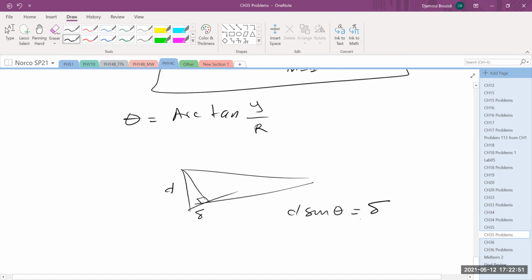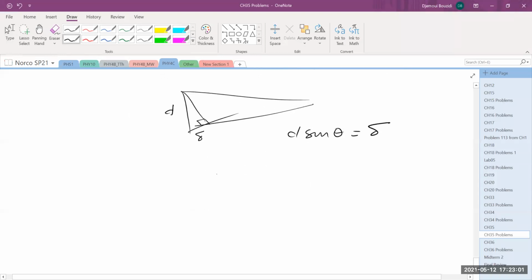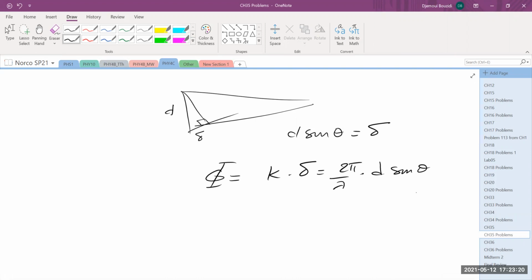Now the phase with which they will arrive is going to be k times this number. Remember the phase difference that we have found. In this case, phi is going to be k times delta, and k is 2 pi over lambda, times delta. And delta is just d sine theta. So this is the path difference, the angle in terms of how much difference they are. This is what we actually use in the formula.